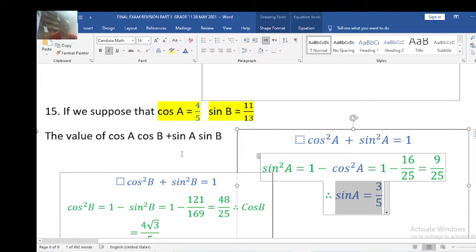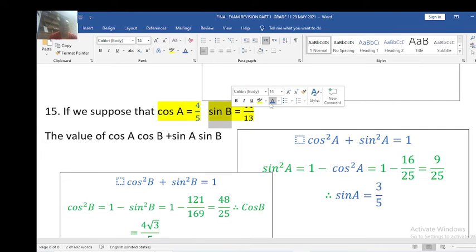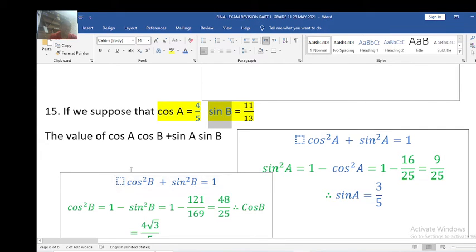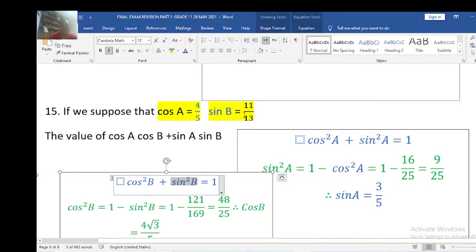Second, I should find cosine B, because only sine B is given here. So I will also use the trigonometric identity: cosine squared of B plus sine squared of B equals 1. Sine squared of B is 121 divided by 169. Then cosine squared of B is 1 minus 121 divided by 169, which is equal to 48 divided by 169.